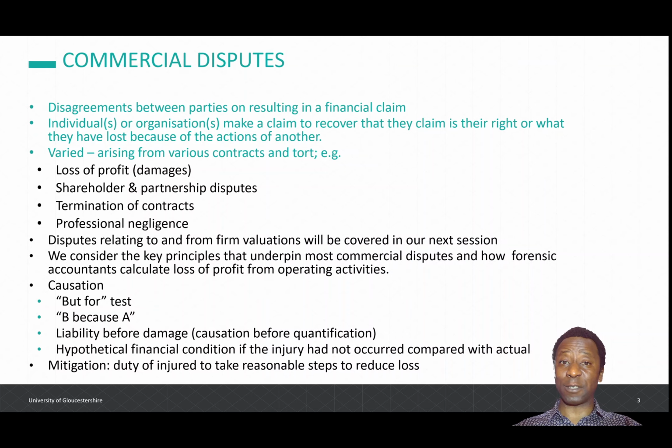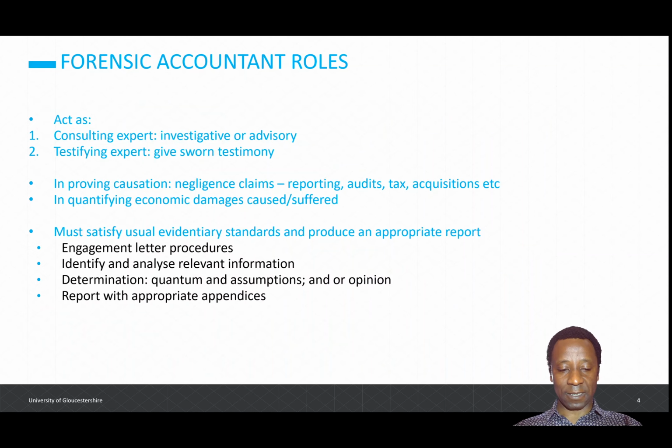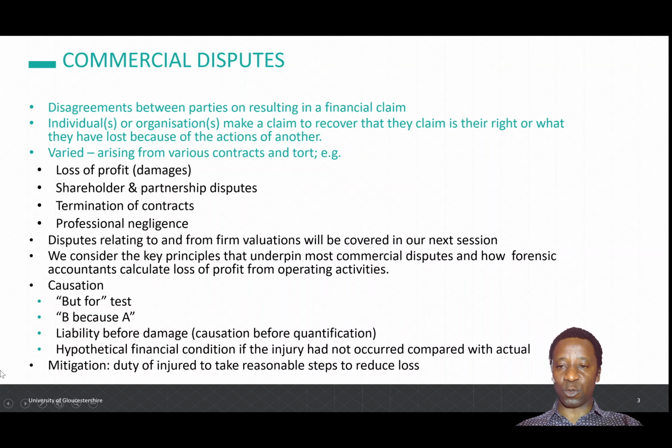But before we quantify, which we normally tend to spend the bulk of our time on, we have to assess if there's been causation. And the two, if you like, ways to get your head around affirming causation is to check to see if there is an actual link, right? If one action or inaction led to the other.